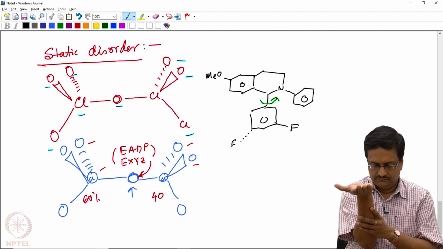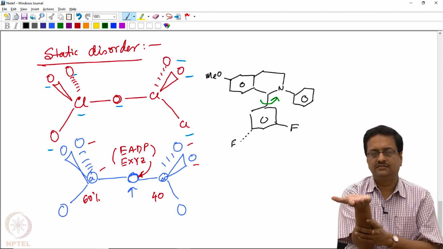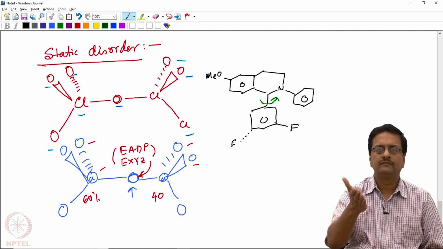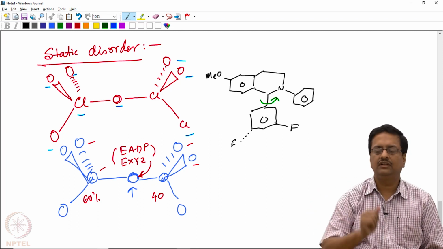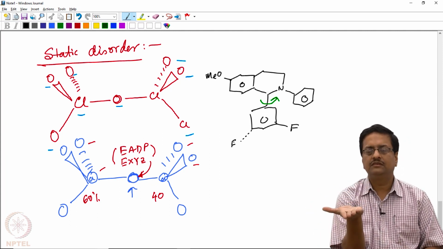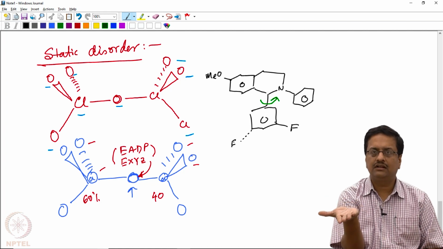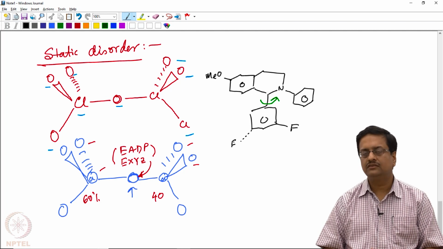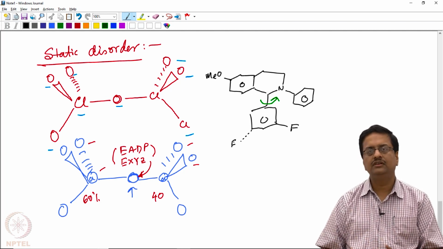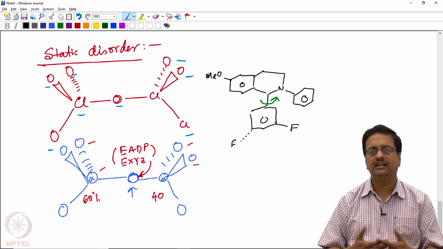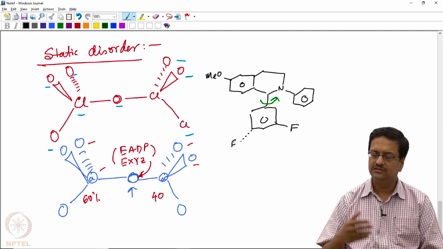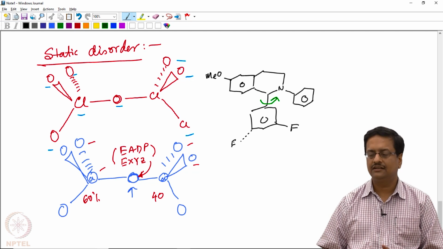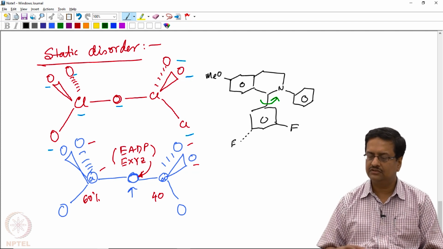And at room temperature in the solid state, this orientation of the phenyl ring is restricted. So this rotation is only allowed in solution. So from room temperature to low temperature, we cannot convert all of them to one direction. What we can only do is lower the temperature, reduce the thermal vibration of all the atoms in a molecule, and then treat those individual atoms as two split portions.